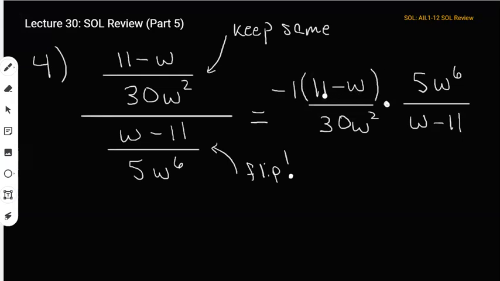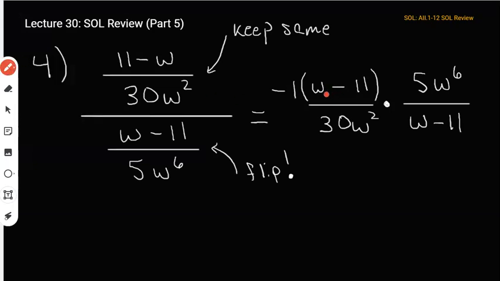And then on the inside, we can flip the order. So it won't be 11 minus w, it'll be w minus 11. So now we've taken the -1 out.